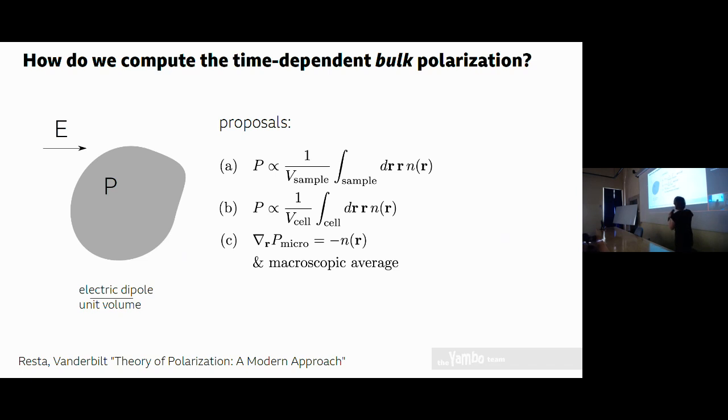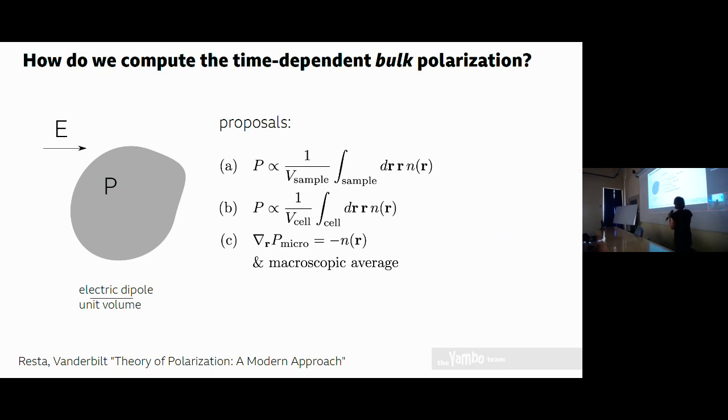So let's say I calculate the electric dipole coming from this sample, just taking the integral over the sample of the position operator times the density.